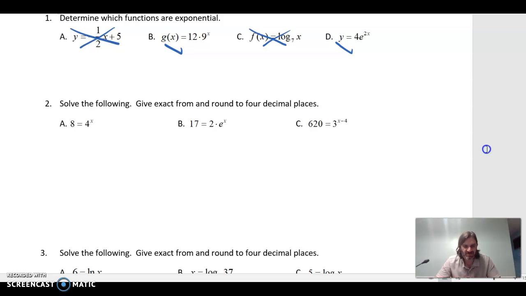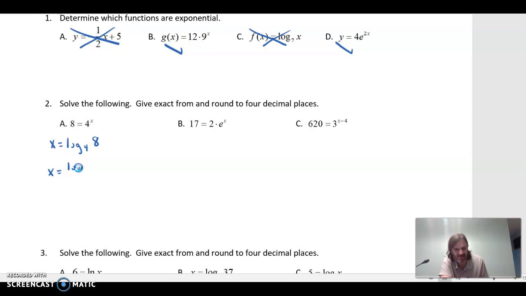Alright, some equations here. Solve the following and round to 4 decimal places. The first one is 8 equals 4 to the x. So to get that x out, let's change it to logarithmic form. So we'll have x equals log base 4 of 8. That's an exact answer.